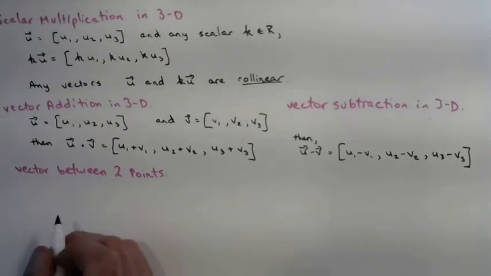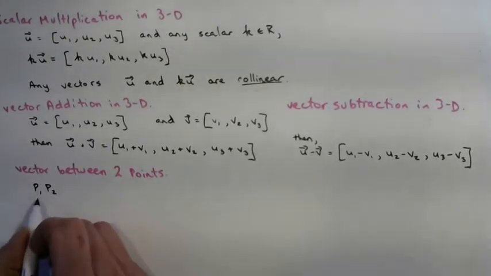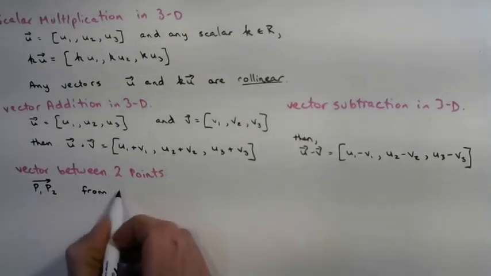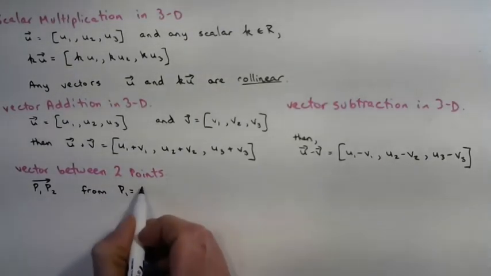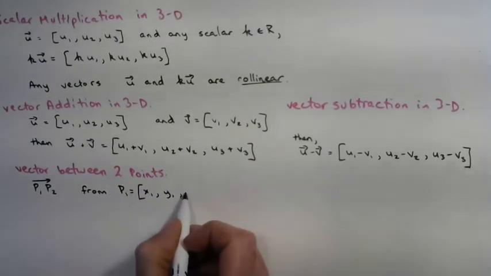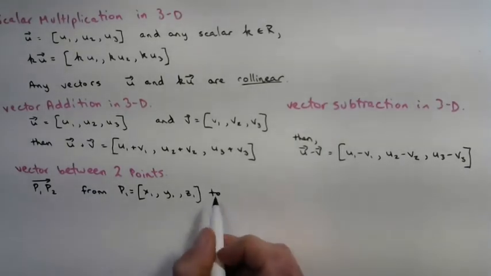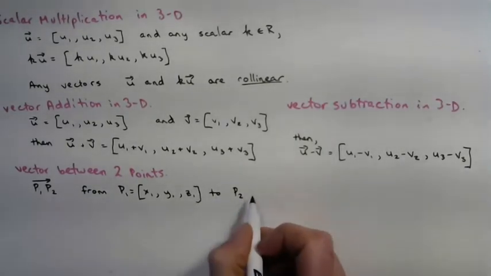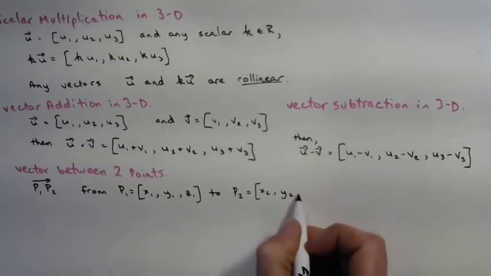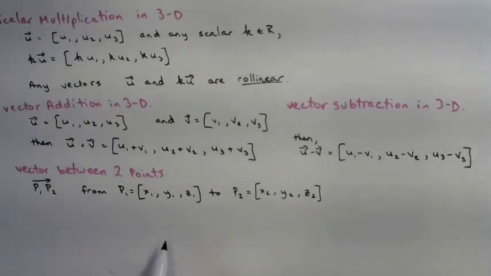All right, well, let's say we have the vector p1, p2, and it goes from p1, which has the coordinates x1, y1, z1, and it's heading to p2, which has x2, y2, z2.